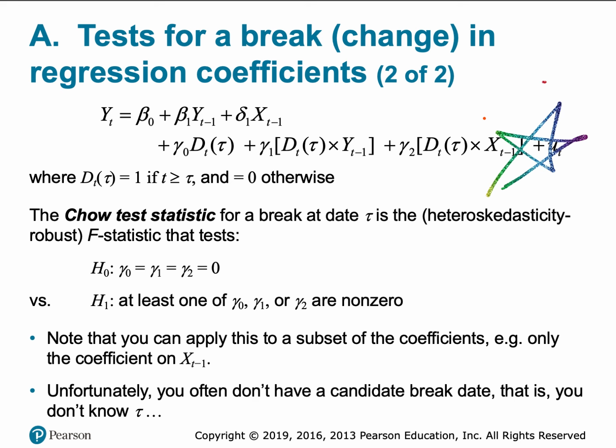Stay tuned to the next video when we discuss how to search for a break when you don't have a candidate break date, when you don't know for sure that tau equals 1994, for example. Stay tuned.